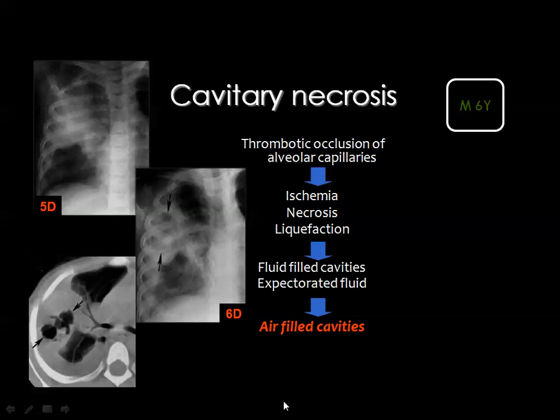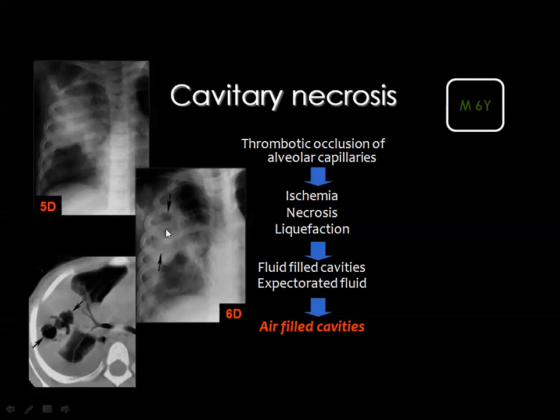Now we came to the last complication of pneumonia, which is known as cavitary necrosis. Cavitary necrosis means that a patient has developed pneumonic consolidation that is rapidly developing internal cavitations.